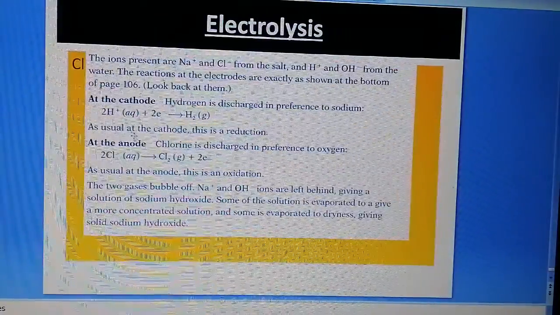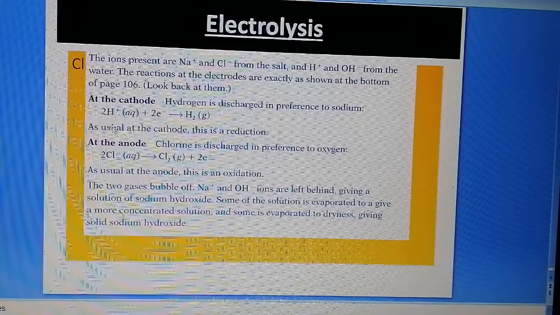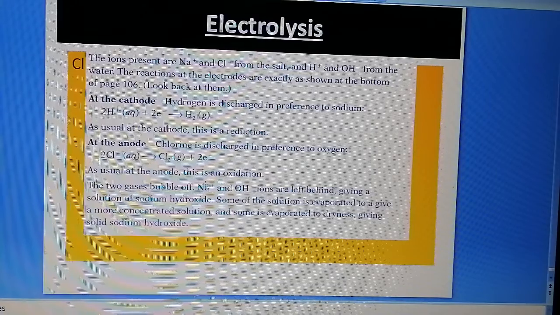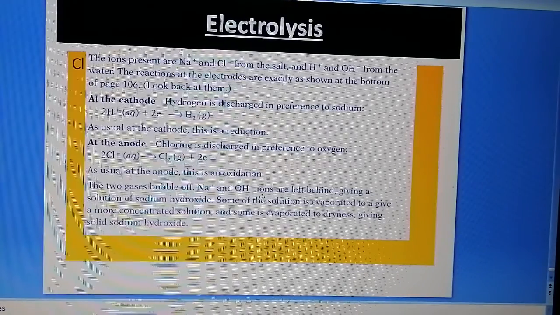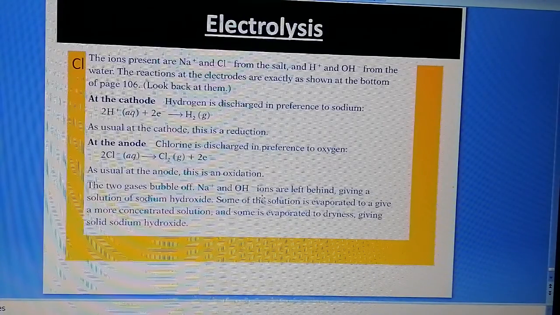So here at cathode, the H plus ions will go to form hydrogen, and at anode the chlorine will go to form Cl2, and in the solution sodium cations and OH minus ions combine to form sodium hydroxide.